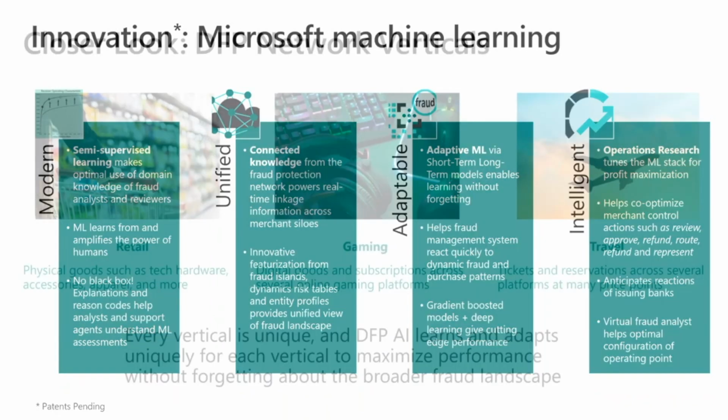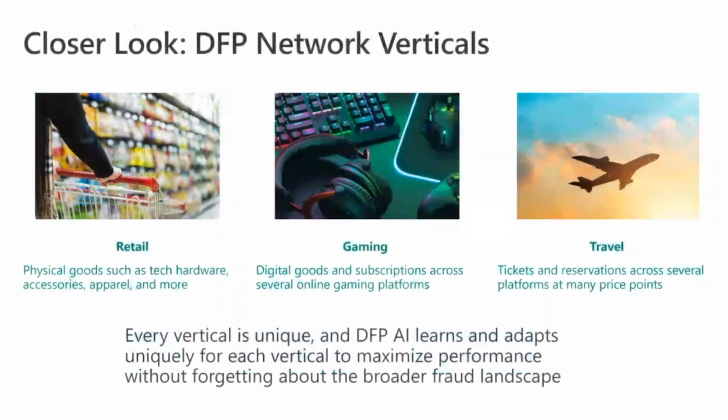One of the other strengths that we have within the fraud protection network is this concept of verticals. It adds a bit of nuance to the inner workings of our machine learning models. I'll give you an example. We understand that fraud attack vectors in the retail space may look completely different from fraud attack vectors in the gaming space.